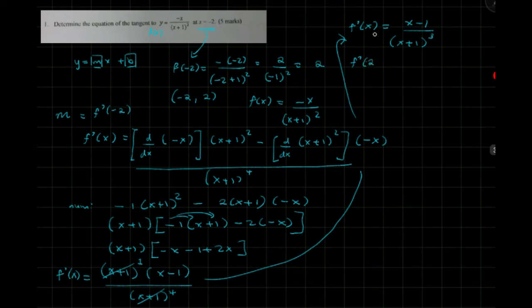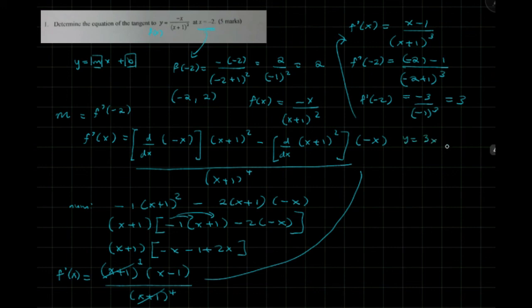So I'm going to do f prime of -2. So f prime of -2 is (-2 minus 1) over (-2 plus 1) cubed, which is -3 over (-1) cubed, which is positive 3. Okay, so f prime of -2 is positive 3.